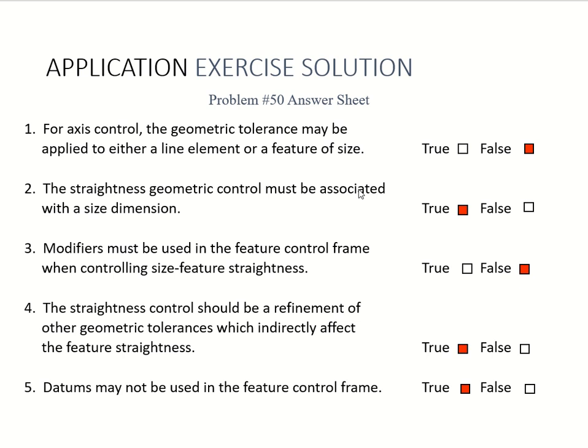There are two different things. The second one is true, because your straightness geometric control must be associated with your size dimension. The third one isn't true because sometimes we don't use modifiers, right? It's empty in some of the examples that we do.